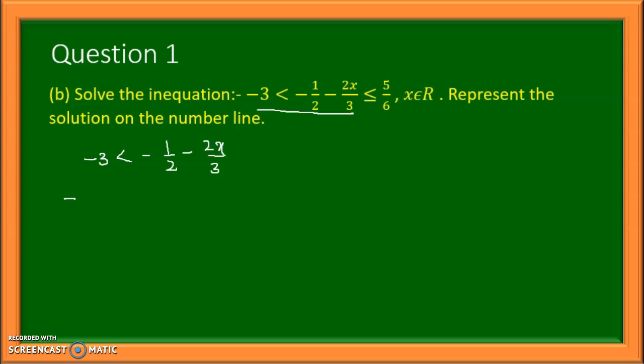You will get minus 18 less than minus 3 minus 4x. If we multiply by 6, the 6 and 3 cancel, so you get 2 into 2, that is 4. Now take minus 3 to the other side, it becomes plus 3. So minus 18 plus 3 becomes minus 15, which is less than minus 4x.